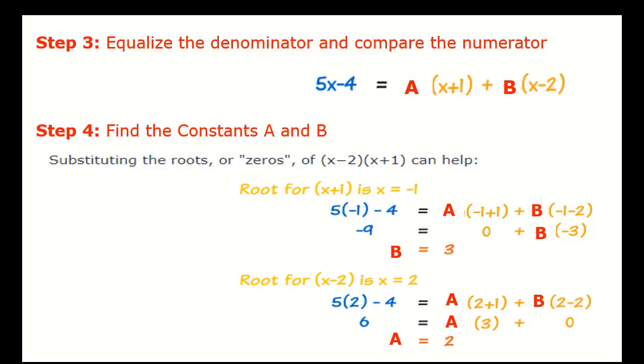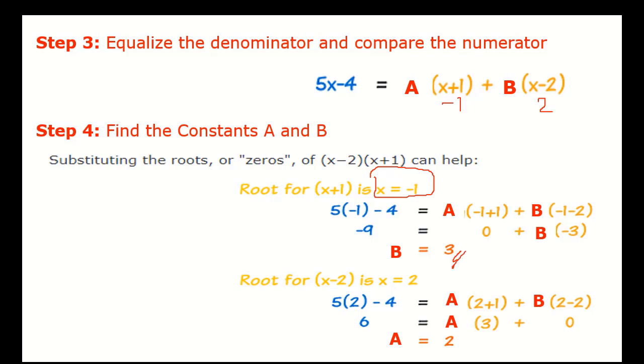For the factor x + 1, I have the zero of -1, and for the factor x - 2, I have the zero of 2. This is why I will start by substituting x = -1 into both sides. For the left-hand side, I get -9, and for the right-hand side, I have 0 plus B multiplied by -3.